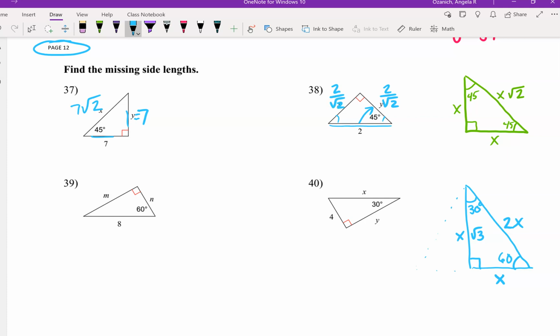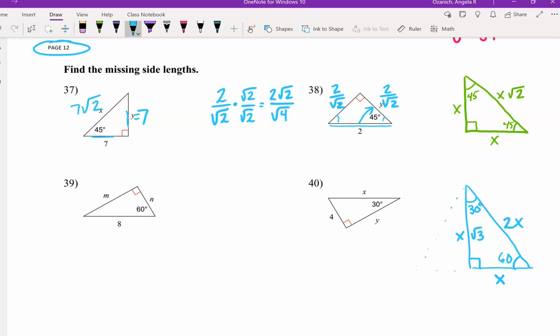And real quick, let me show you how to rationalize a denominator. If you have a square root in the bottom, and we'll practice this some more, what you can do to get that square root out of the bottom of your fraction is to multiply by 1. But we've chosen a form of 1 that's going to get rid of our square root in the bottom of our fraction. So it looks like this: 2 times the square root of 2, and root 2 times root 2 is root 4.